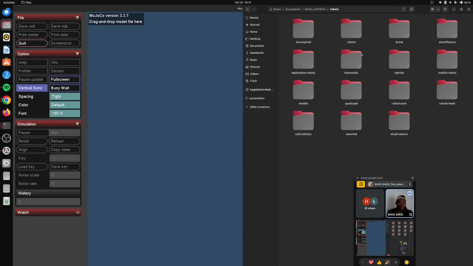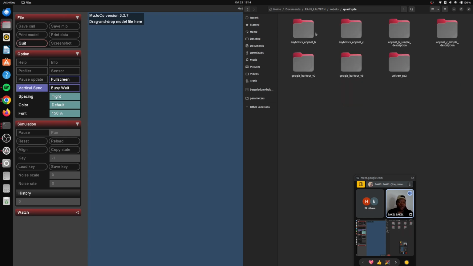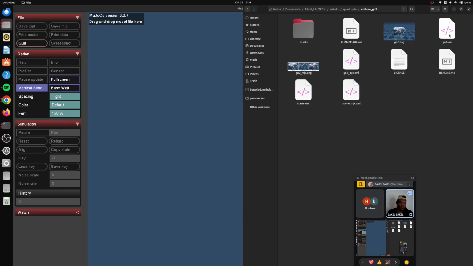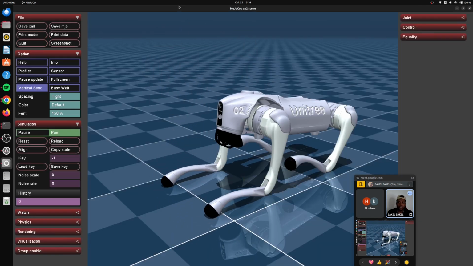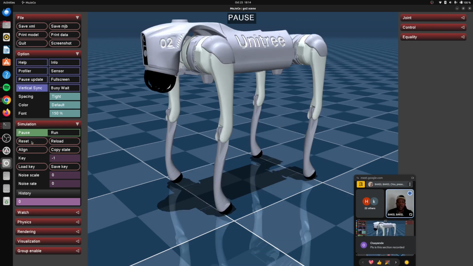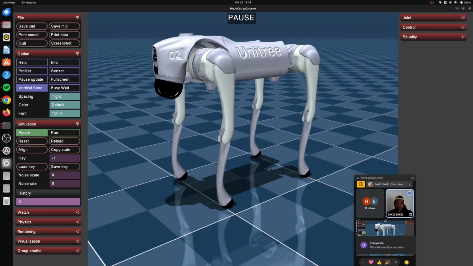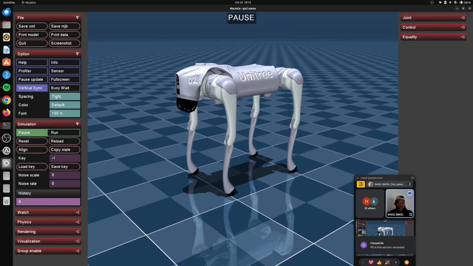So if we get here for our quadrupeds, the reason why I'm bringing this here is so we'll be able to actually see and identify what really makes up this robot.